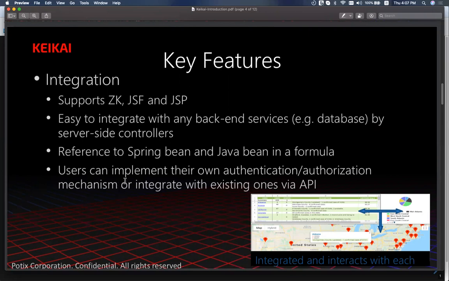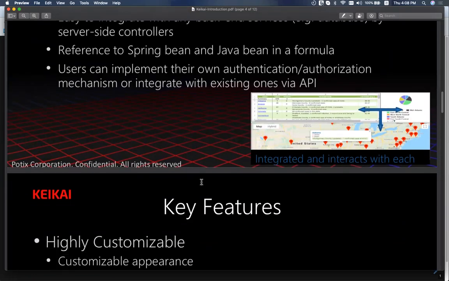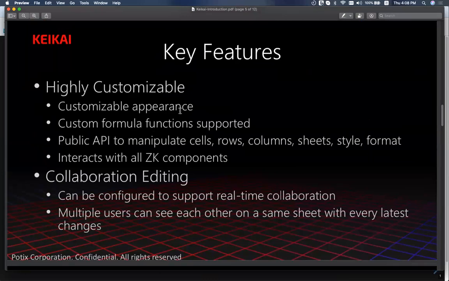We provide three kinds of APIs to let you integrate with your authentication and authorization mechanisms. I will show you an example today. It's also customizable. You can use CSS to customize the appearance. You can also create a custom formula in Java. We provide a public Java API to let you manipulate cells, rows, columns, sheets, or style format, almost everything you can see in a sheet.